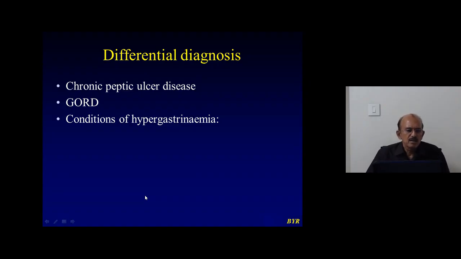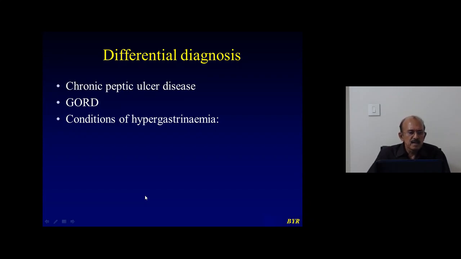CA stomach, yes. More than CA stomach, there is one more condition. Of course, I will discuss that one in the chapter on stomach. The causes of hypergastrinemia are atrophic gastritis and pernicious anemia.